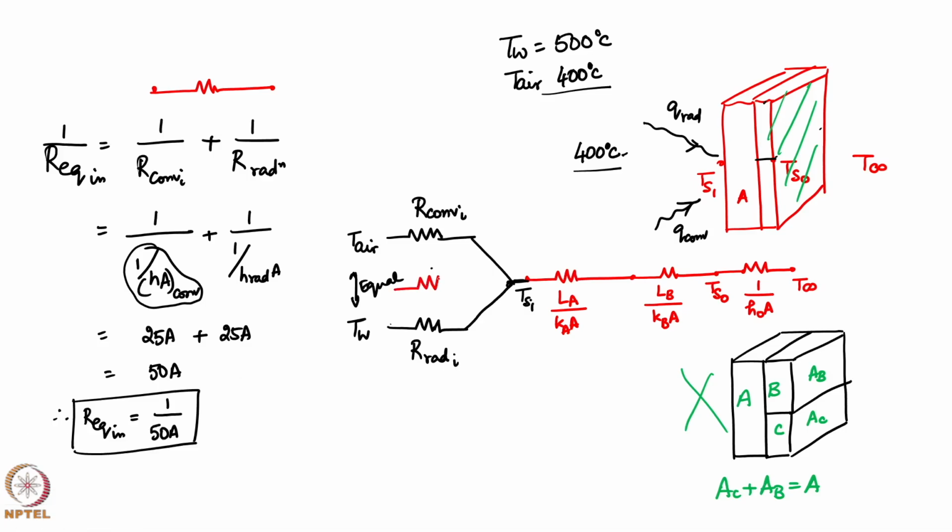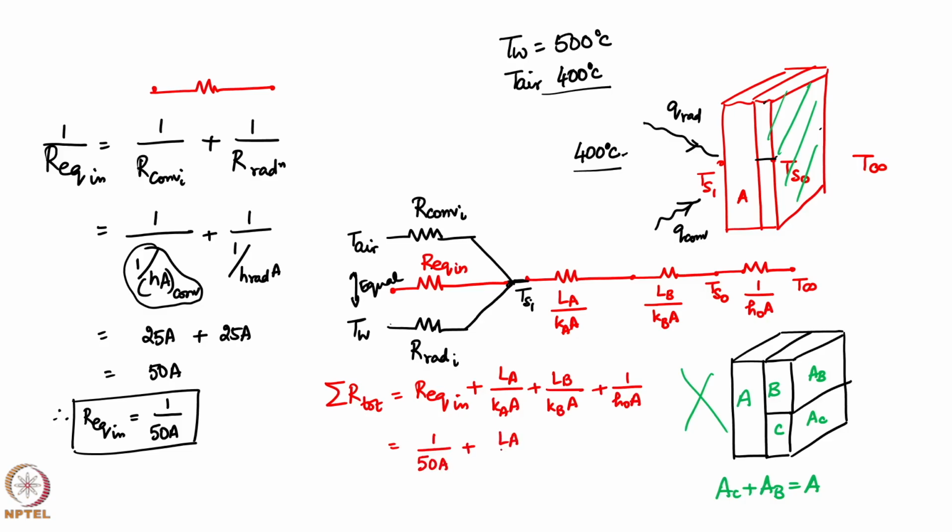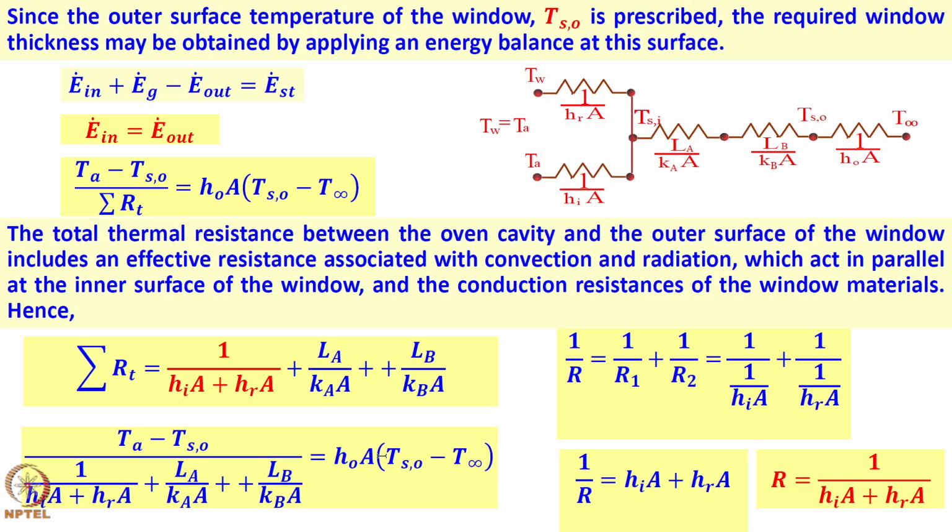So, R equivalent inside is in series with the red ones, and now it is a matter of putting all these together as summation of R total, or thermal, is R equivalent in plus L A by K A A plus L B by K B A plus 1 by h naught A. This is 1 by 50A plus L A by K A plus L B by K B plus 1 by h naught, all into 1 over A. This is summation of R total, and it is just a matter of putting in the numbers. So, we will just go through that.